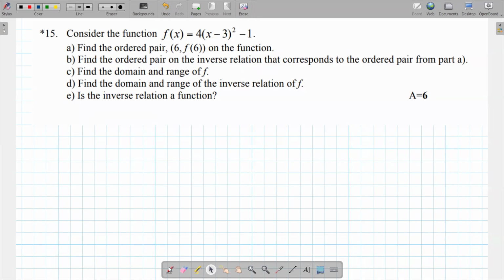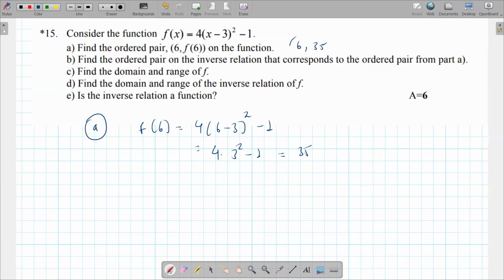And well, the x value is 6. So for part A, all you have to do is this. f of 6 is going to be equal to 4 times (6 minus 3) squared minus 1. 4 times 3 squared minus 1. 35. So therefore, the answer to part A is (6, 35). And you are done. Easy.